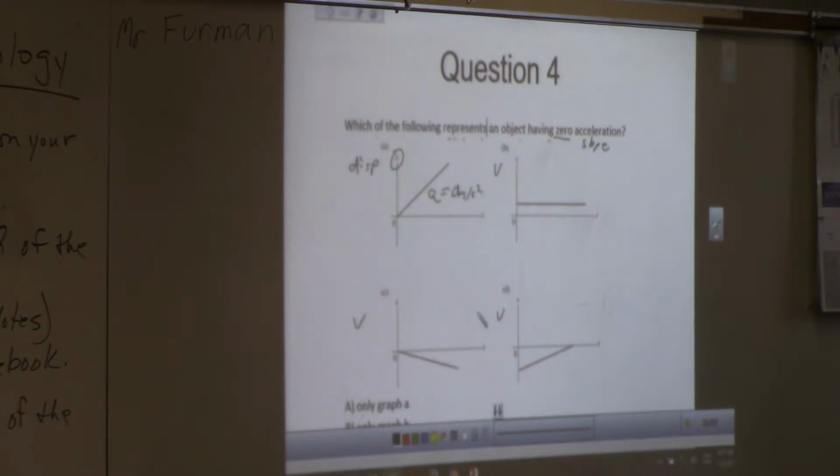So B, C, and D. Do any of these have zero slope? B, yeah. Negative slope, negative acceleration. Positive slope, positive acceleration. So the answer here is going to be A and B.